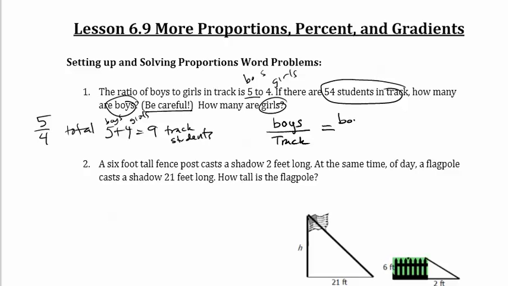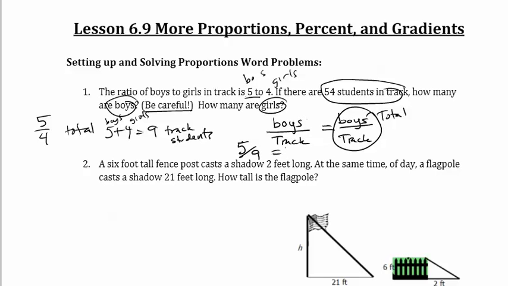And so we want to compare boys again to track students. So this will be the actual total, right? So the actual total. And then this is where our ratio comes from. So we know that there are 5 boys to girls. Therefore, we have 5 boys to track students out of every 9 track students.